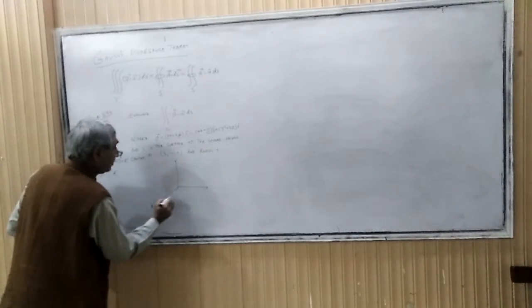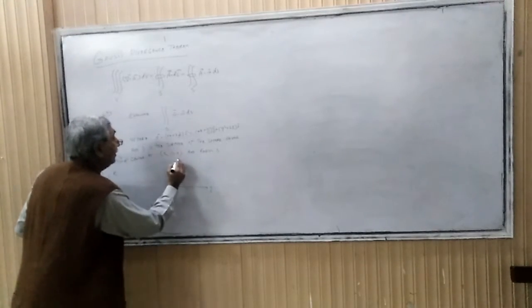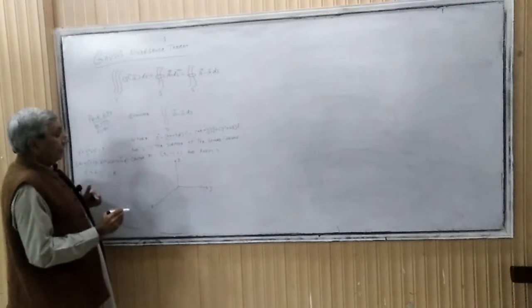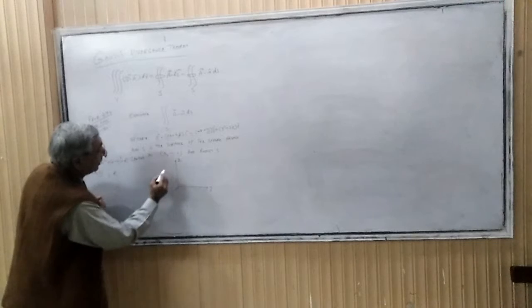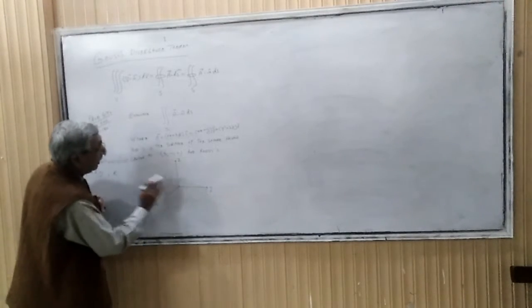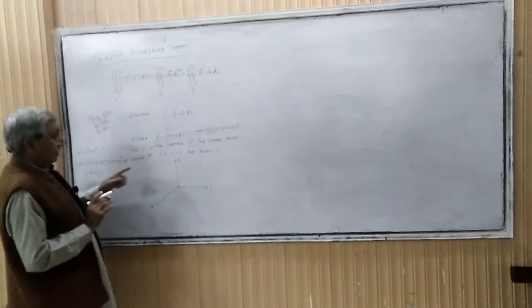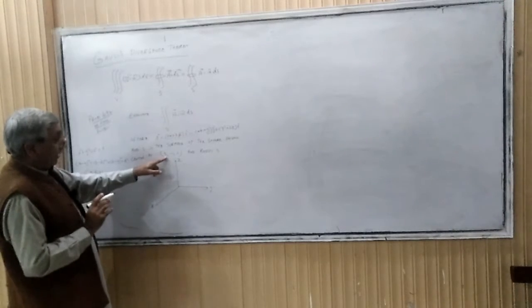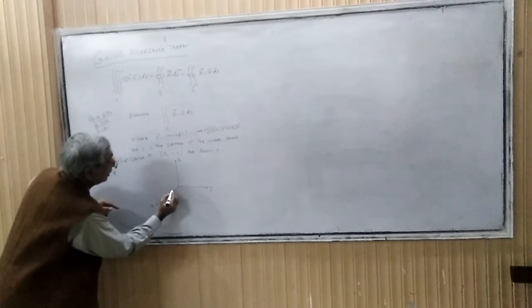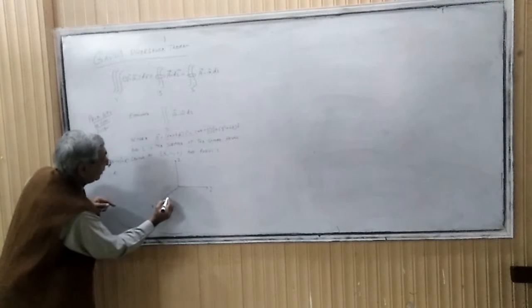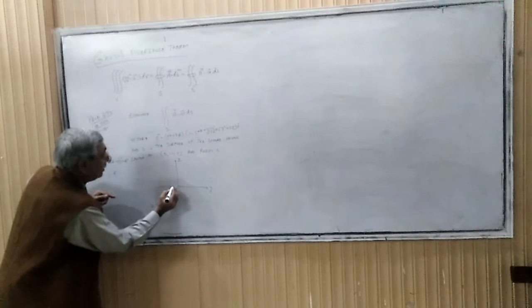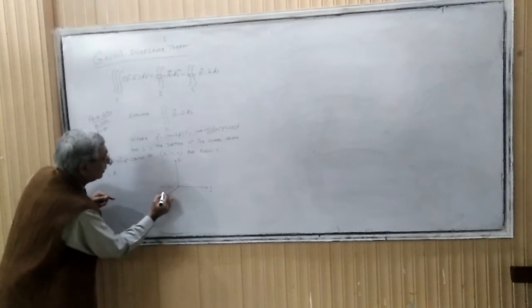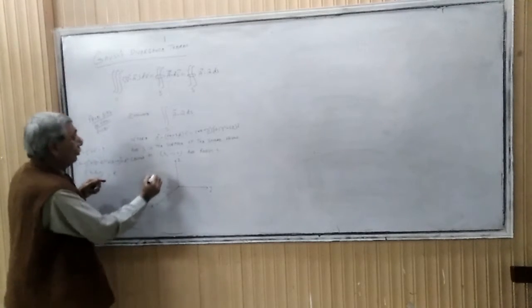This is x, this is y, this is z. Now, if you are talking about a sphere whose center is at the origin, you can have a sphere there and let this point be at the center. But it is not saying that. It is saying that at x is equal to 3, y is equal to -1, and z is equal to 2.